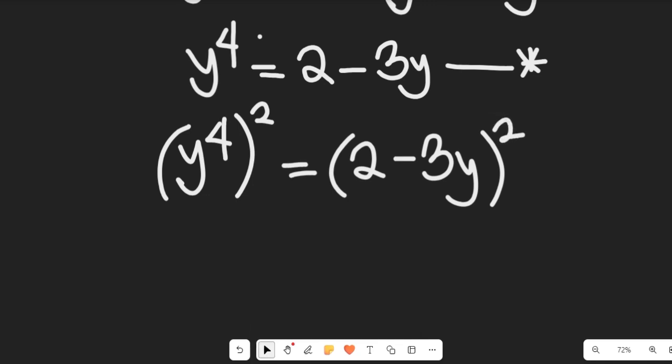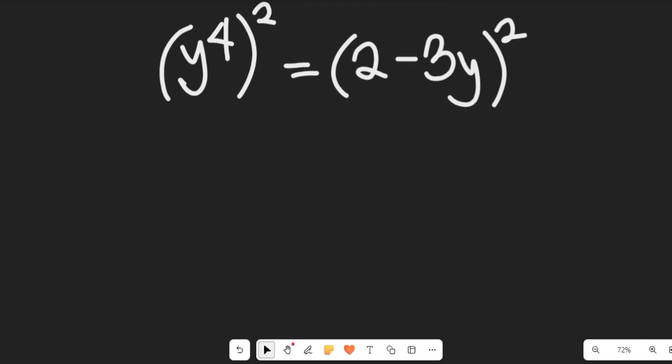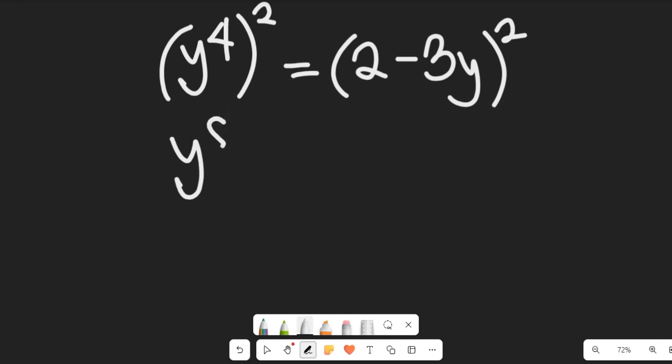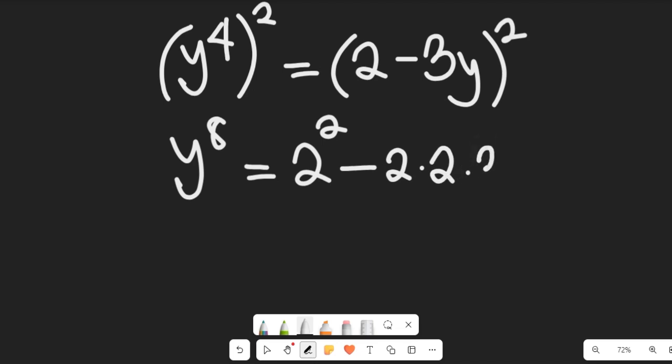Now we're going to simplify this using that same algebraic formula. You'll find out that we have the negative side. This is going to give us y to the power of 8 equal to the first square, minus 2 multiplied by the first, multiplied by the second value, then plus the second square.